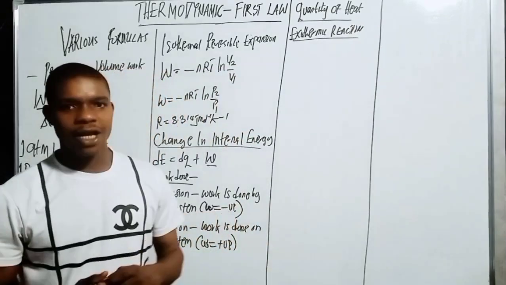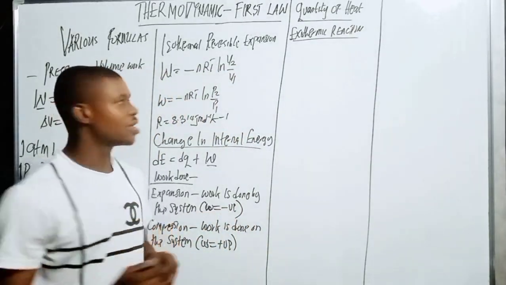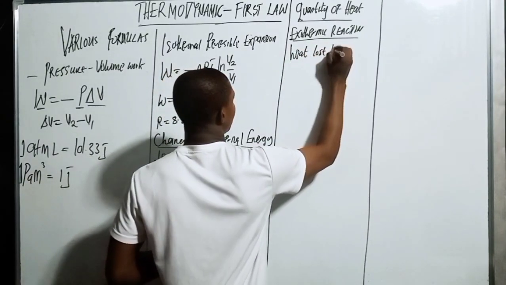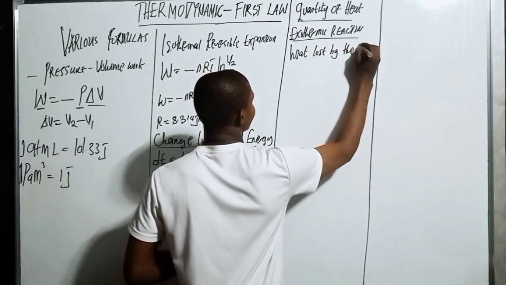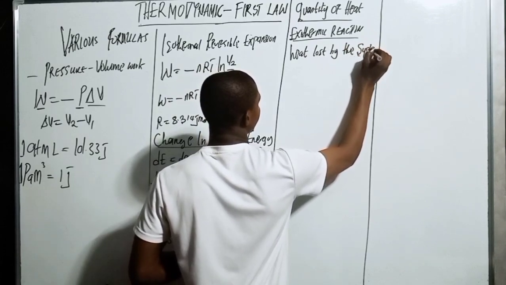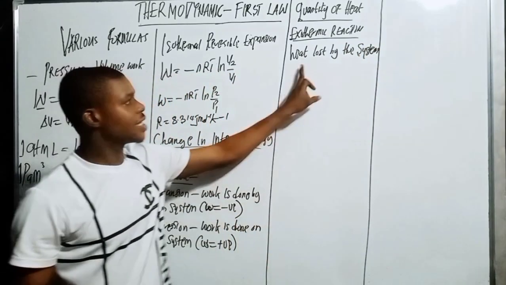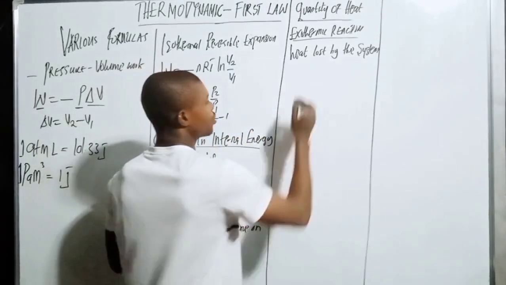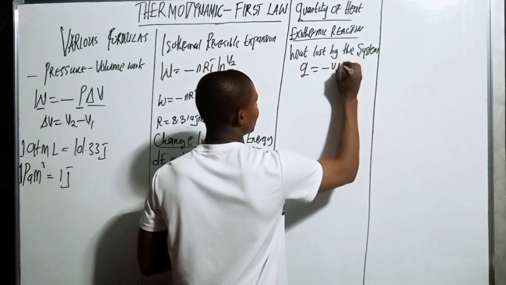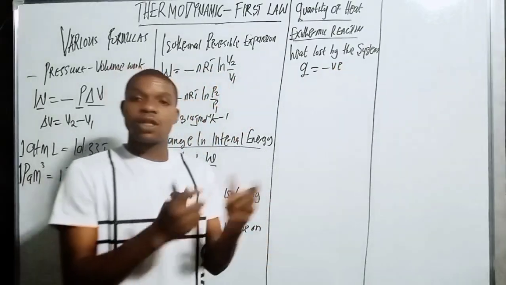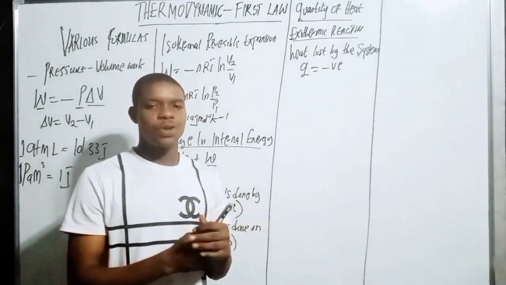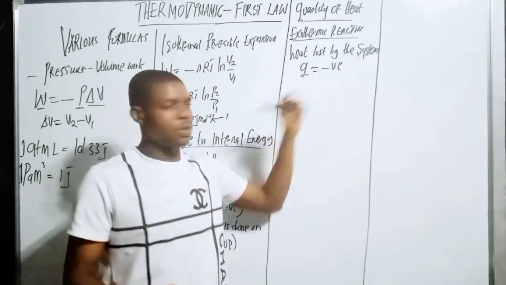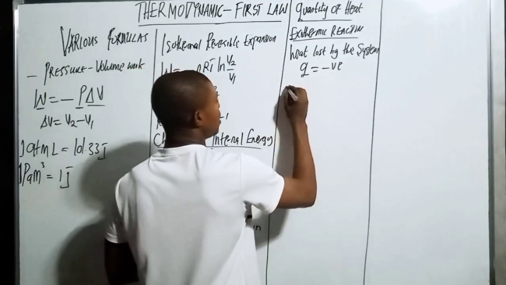In an exothermic reaction, heat is lost. It's called heat loss, heat lost by the system. And whenever it is lost by the system, Q is negative. So when it is lost by the system, it is an exothermic reaction and Q is negative. Do you understand?